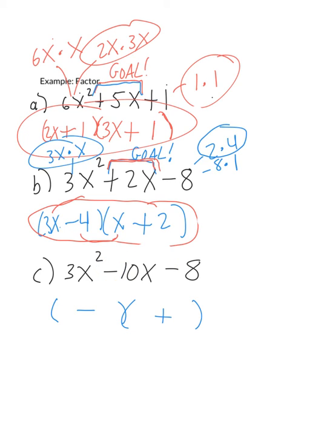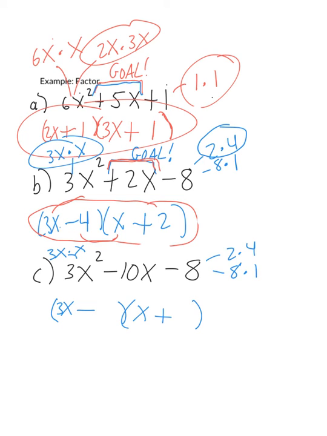So I have one of each sign yet again. The only multiples that give me 3x squared are 3x times 1x, or x. I have no clue what should go with what. It is literally guess and test. So let's just put the 3x here and the 1x here. The 8 could be 2 times 4 or 8 times 1.